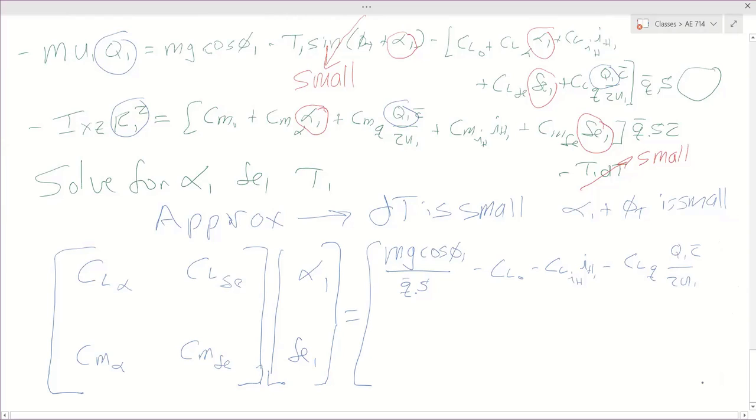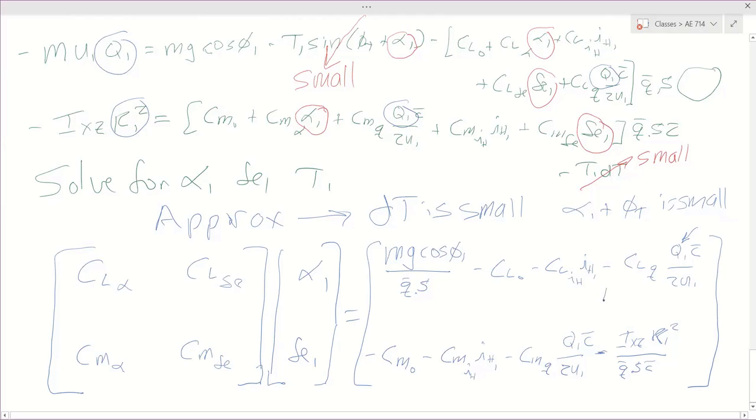So there's all those extra terms. There's the extra term with Q in it right there. I lost a term.